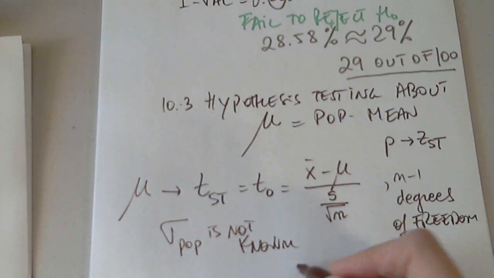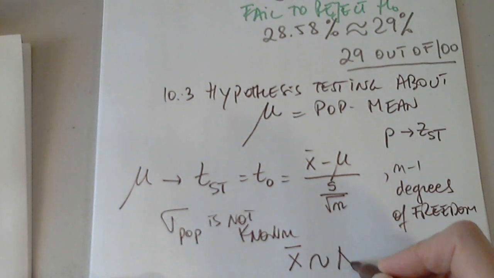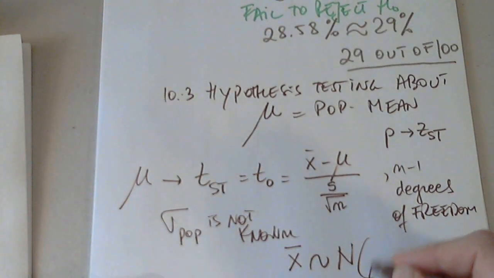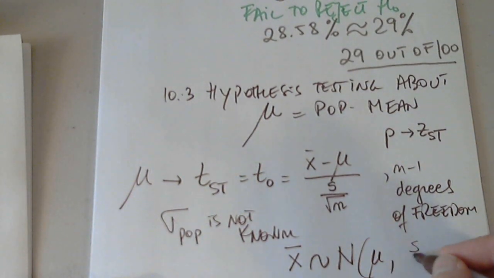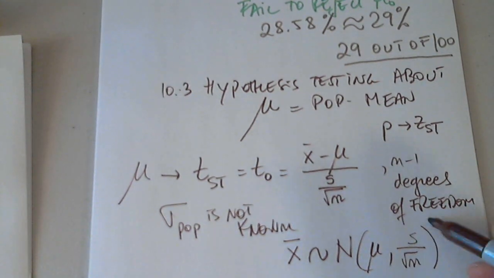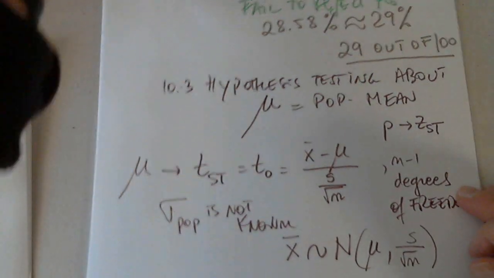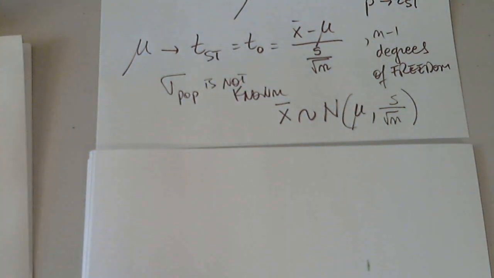And because the sampling distribution of x bar, we know that it's approximately normal with mu and S over the square root of n, because we do not have sigma. Okay. Everything is the same. We're just using this time the t distribution. Nothing new, so to speak.